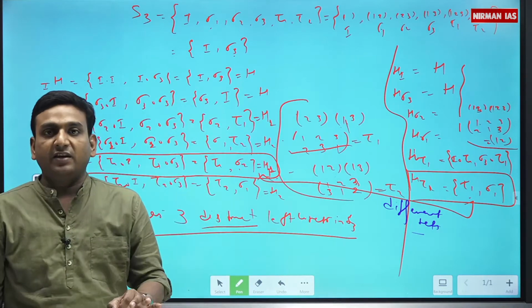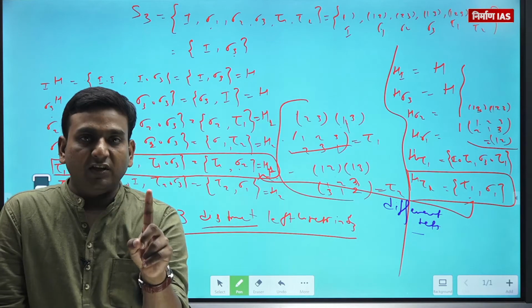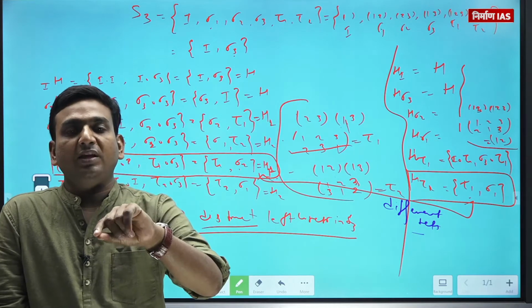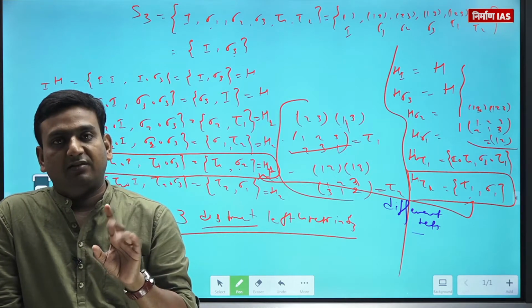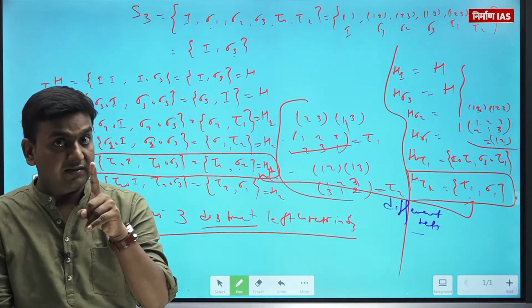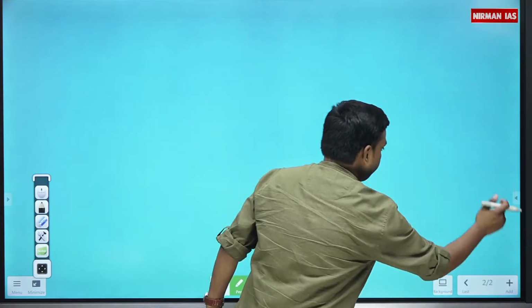So what we can say, cosets of H in G need not always be the same for left and right, generated by the same element. Is that clear? Fine. Let's move to the next part.